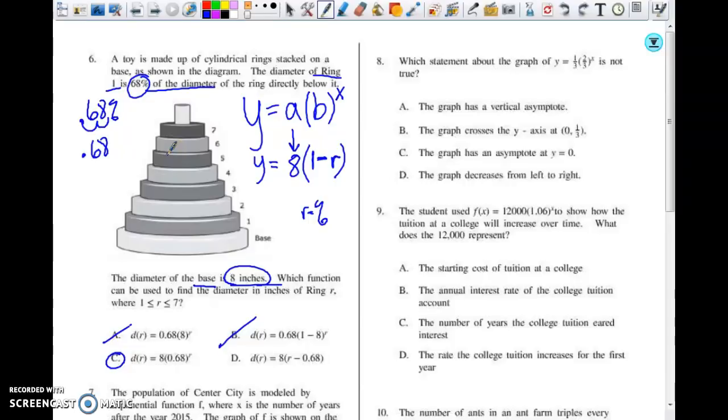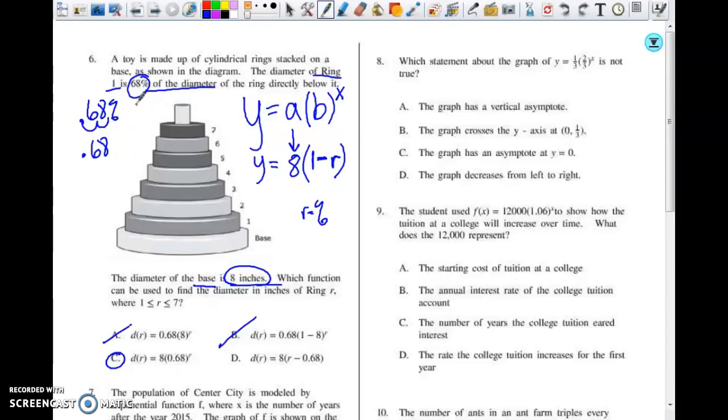But what you didn't know was that they already did the percentage for you, okay? So technically, this decreased by, so what's 100% minus 68%? That's 32%. So it actually decreased by 32, but the wording, they didn't tell you that. They just already did that part for you, okay?